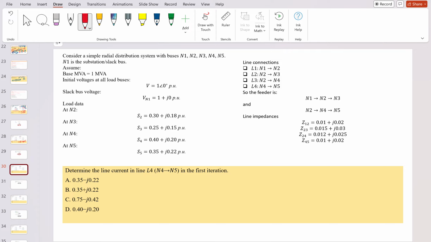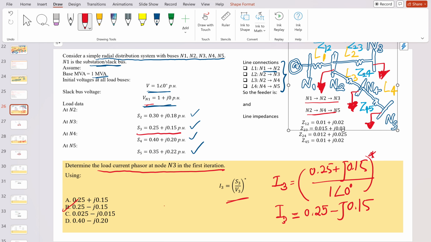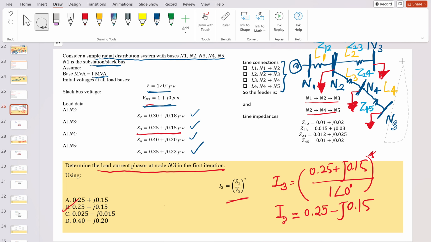Let's move forward. Determine the line current in the line L4, from N4 to N5. Let me copy this, that is very important to solve the problems.